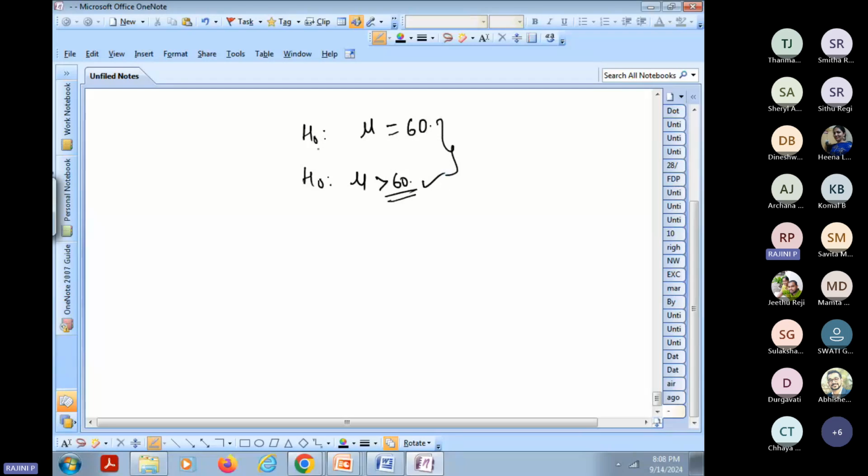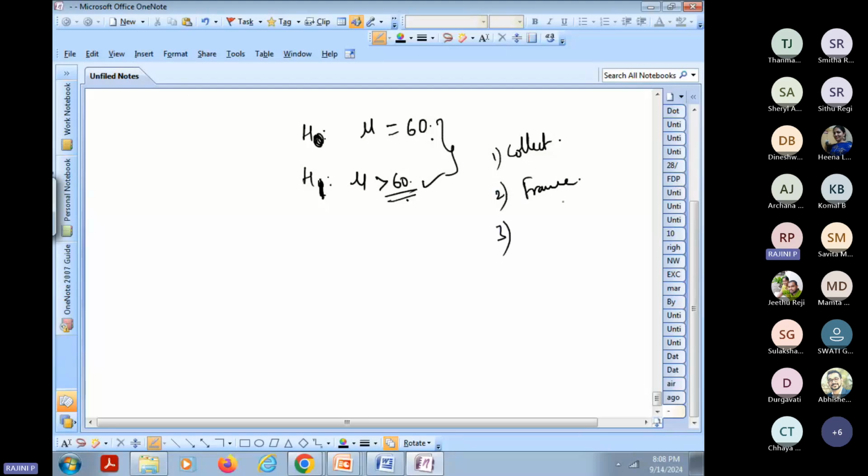I have framed the hypothesis H naught and H1. I wanted to check whether the average score of the class is 60 or more than 60. For this, first you need to collect the data. After that, you need to frame the hypothesis.